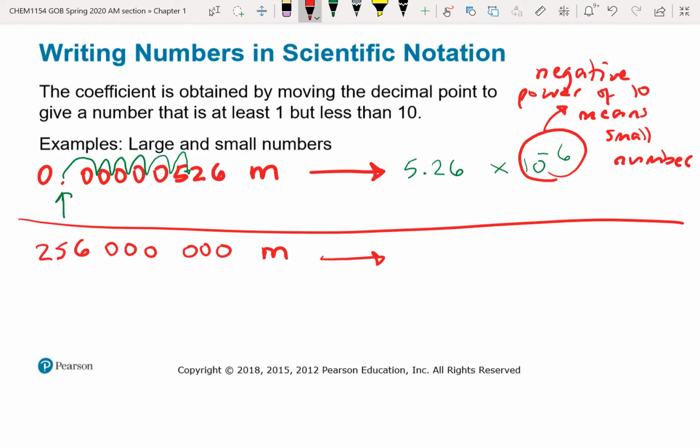Where's my decimal point? If you don't see one in the number, where is it understood to be? Where do you assume that it is? At the very end. Right? So if you don't explicitly see a decimal point, it's expected or it's assumed to be at the end.